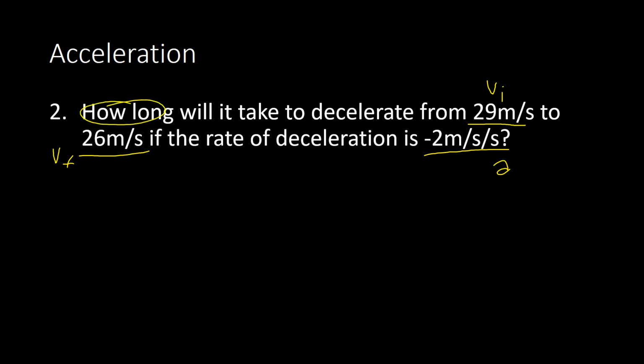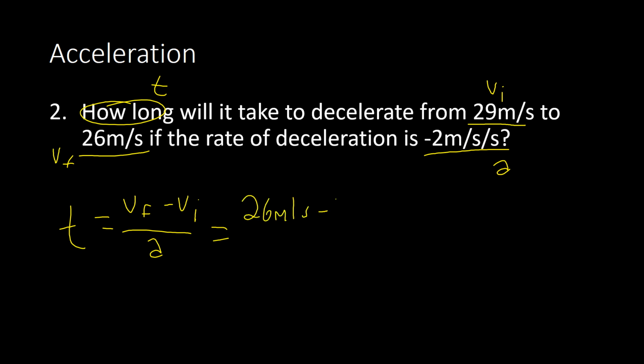And "how long" means that I'm solving for time. So my formula is going to be t equals Vf minus Vi over a. So that's going to be 26 meters per second minus 29 meters per second over negative 2 meters per second squared.